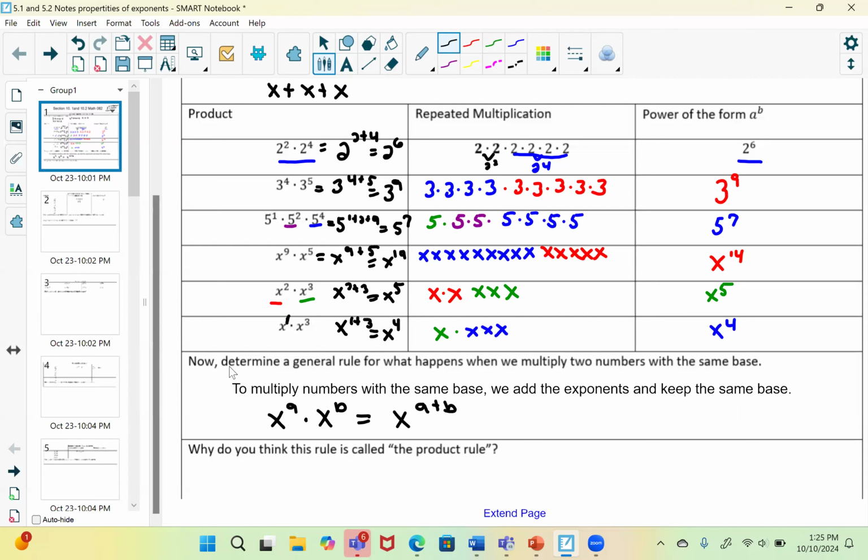And then the next part is, why do we think it's the product rule? If we think about what we learned in section 2.6 when we were translating statements, product means multiply. And so it is the product rule because we're multiplying two numbers with the same base.